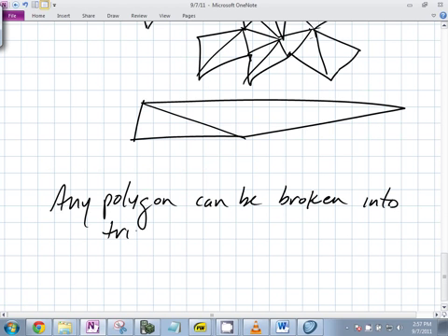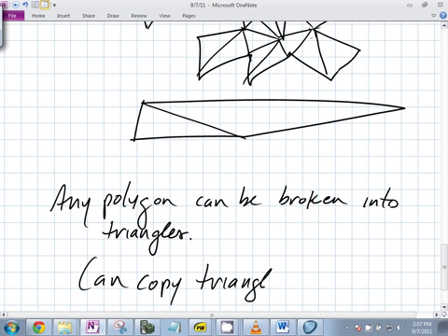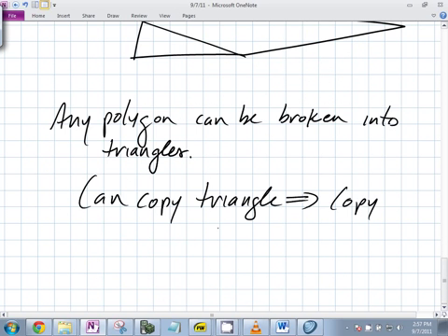So here's the thing. If you can copy a triangle, what does that mean? You can copy any polygon. Yeah, exactly. Could it take a long time? Yeah, it could take a long, long time, but it proves it's possible. Is that kind of cool?